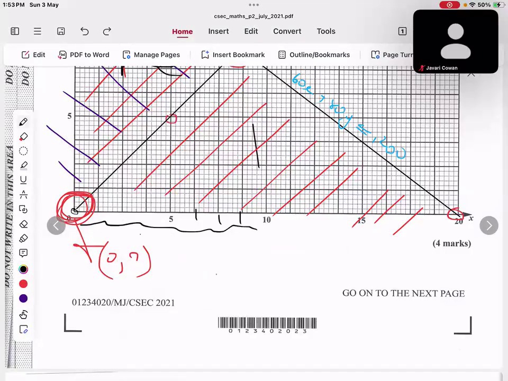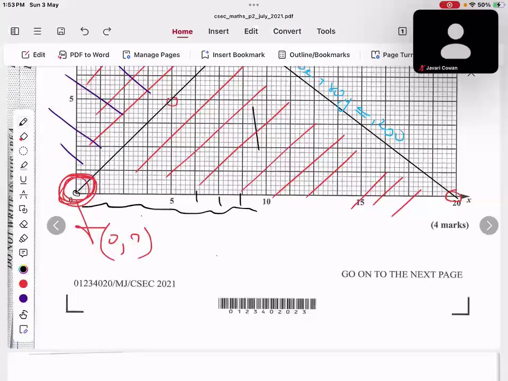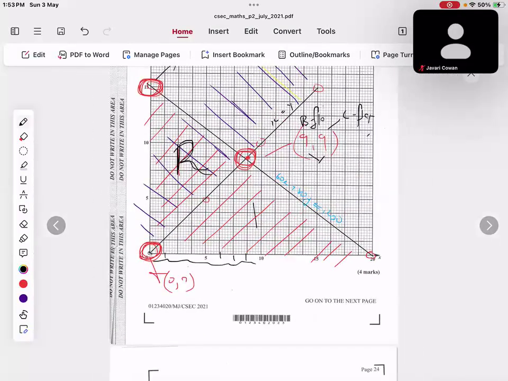So the spaces. So right here, let me see. The scale is 1, 2, 3, 4 to 5. Scale is 4 to 5. I don't know what kind of scale this is. It's a weird scale though. But this scale is saying 4 centimeters to represent 5.